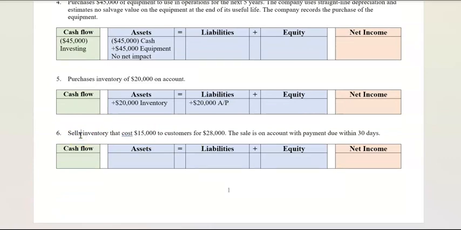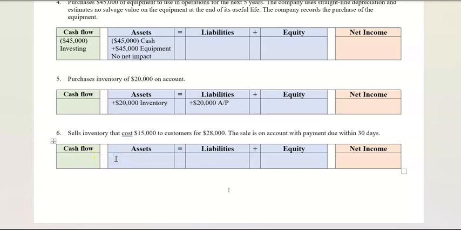Transaction 6 says the company sells inventory that cost $15,000 to customers for $28,000. The sale is on account and payment is due from the customer within 30 days. So because the sale was on account, we do not have any cash increase.